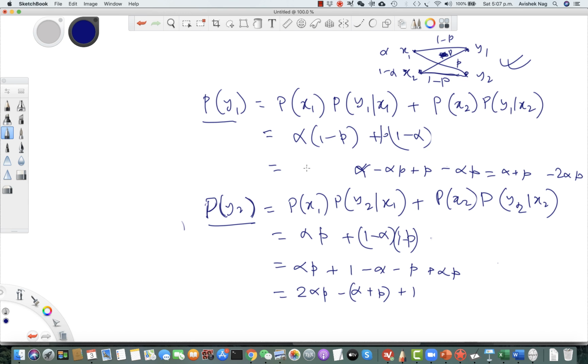If the input probabilities are alpha and 1 minus alpha, and the transition probabilities are 1 minus p and p, then if you calculate P(y1) and P(y2) according to these expressions, you end up having this expression for P(y1), and for P(y2) you have this expression.